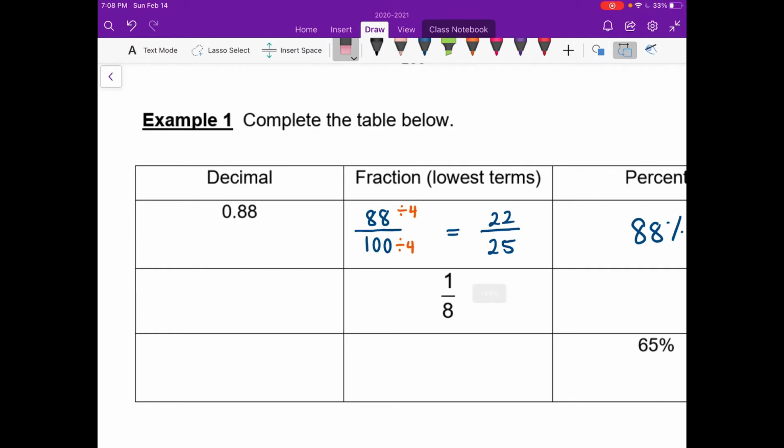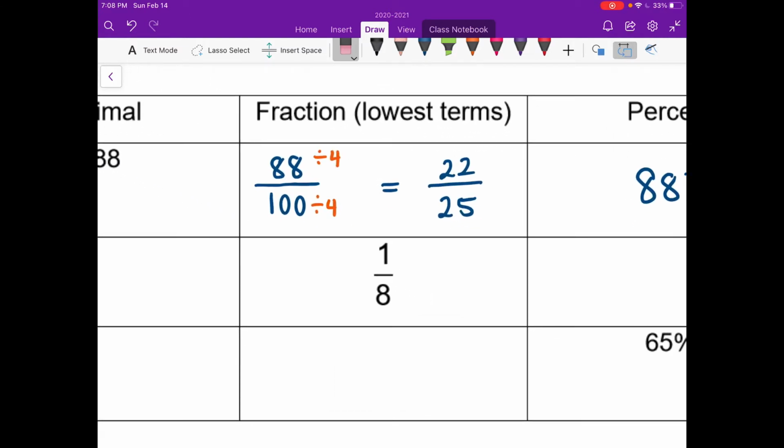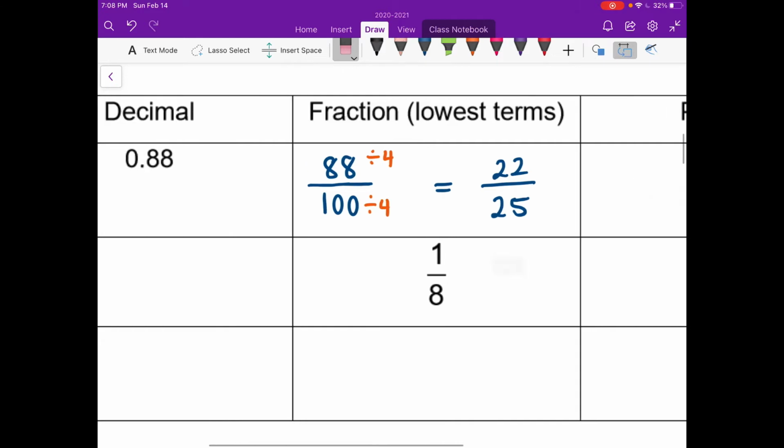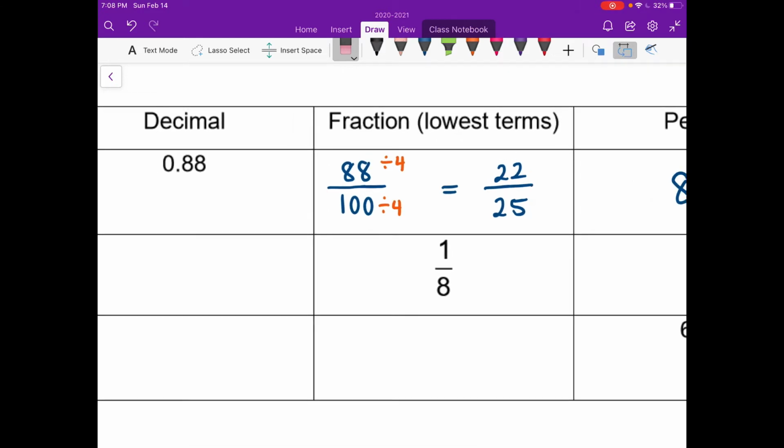Alrighty. So now when we go to 1/8, how can we find the decimal version of this? What you can just do is simply put this into your calculator. You'll be allowed to use calculators for these types of questions.